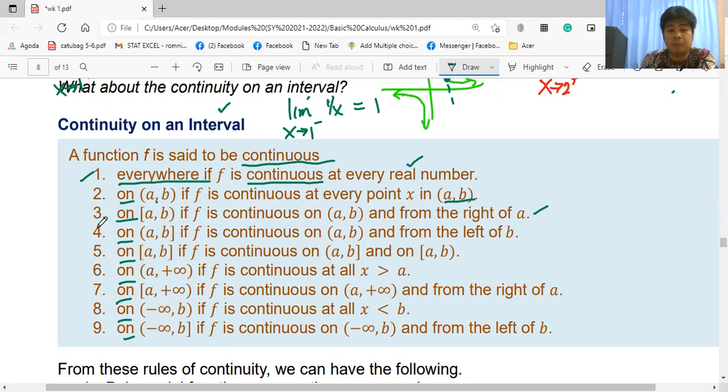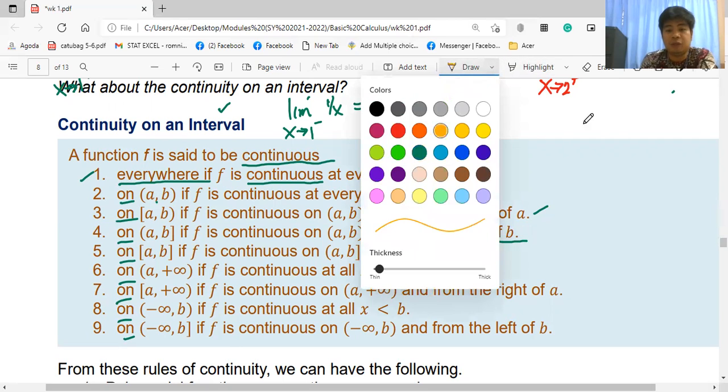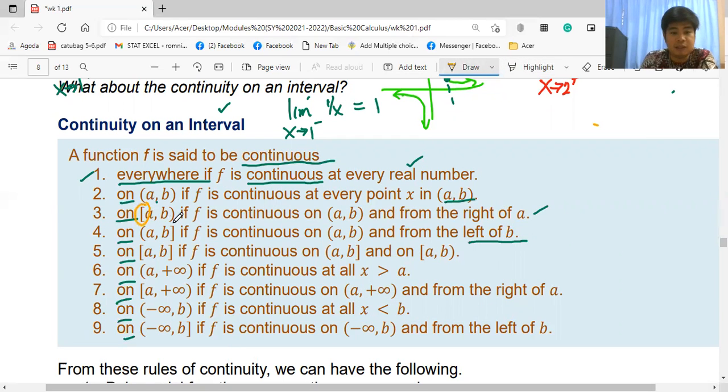And tong pang-apat naman, from the left of B naman ang patunayan. Okay? Tandaan niyo yung symbol na ito na included symbol. So kapag may mga included symbol, you have to check the right kapag ang inclusion ay nanggaling sa right, or check the left when that's on the left. Okay?